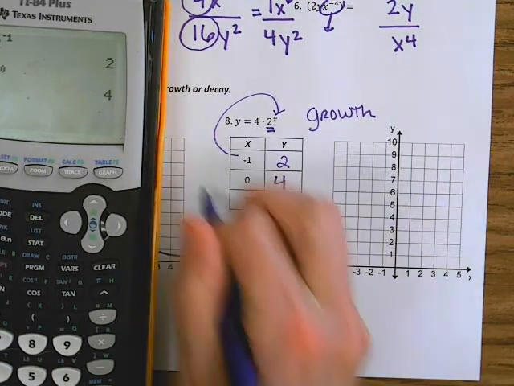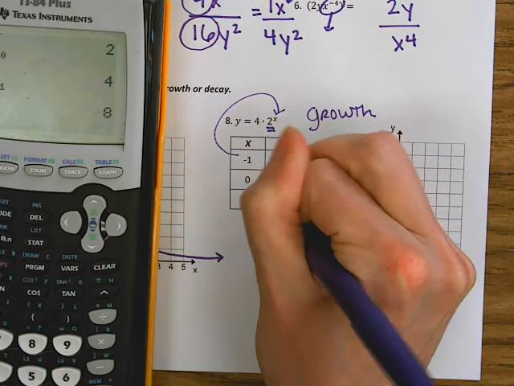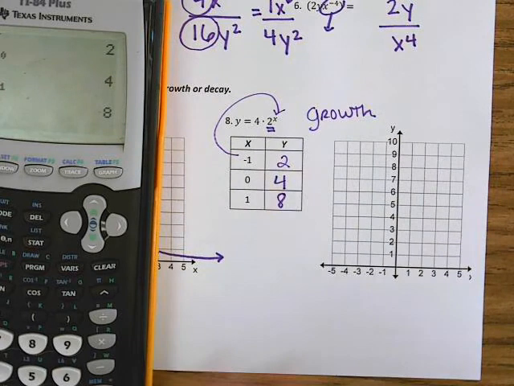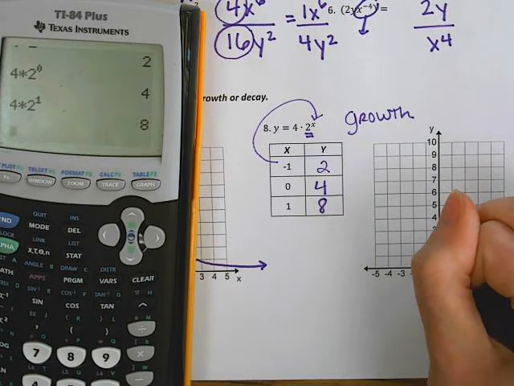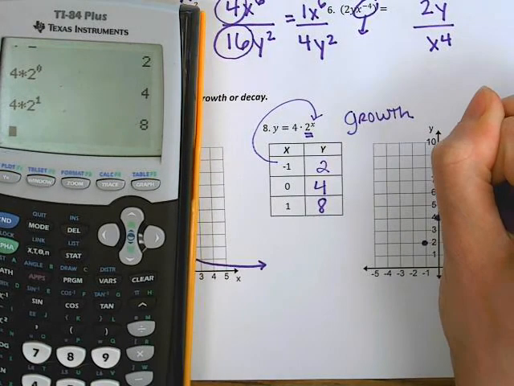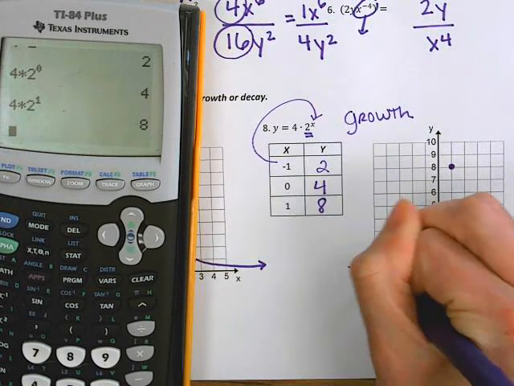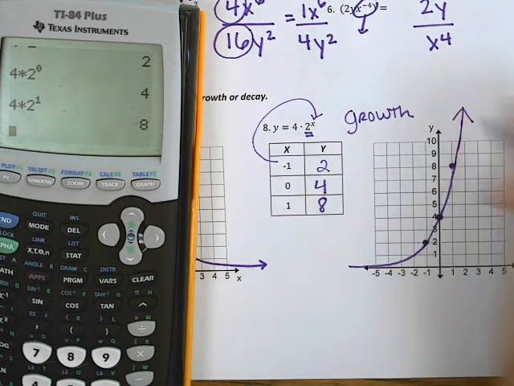And then we're going to raise it to the 1 power. And you get 8. Oh, sorry, you couldn't see that. All right, (-1, 2) is here, (0, 4), and (1, 8). And a growth, again, will never cross 0, but it will be growing from left to right.